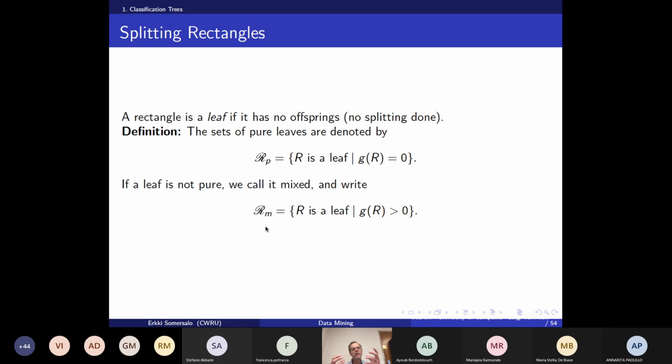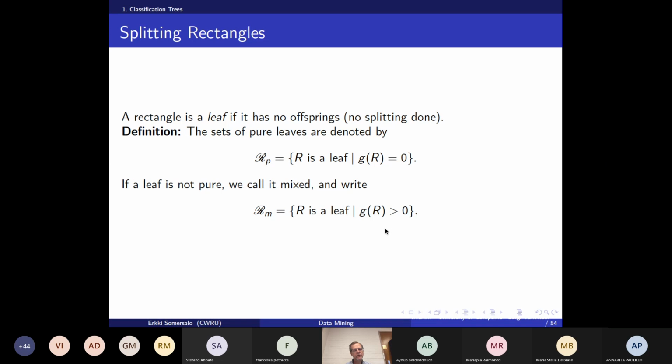Then you take those 2 leaves and check if they are pure or not. If they are pure leaves, you put them into the RP. If one of them is pure and the other one is not, you put the pure leaf in the RP and the mixed leaf back into the set of mixed leaves. Or if they are both mixed, you just put them into this RM.